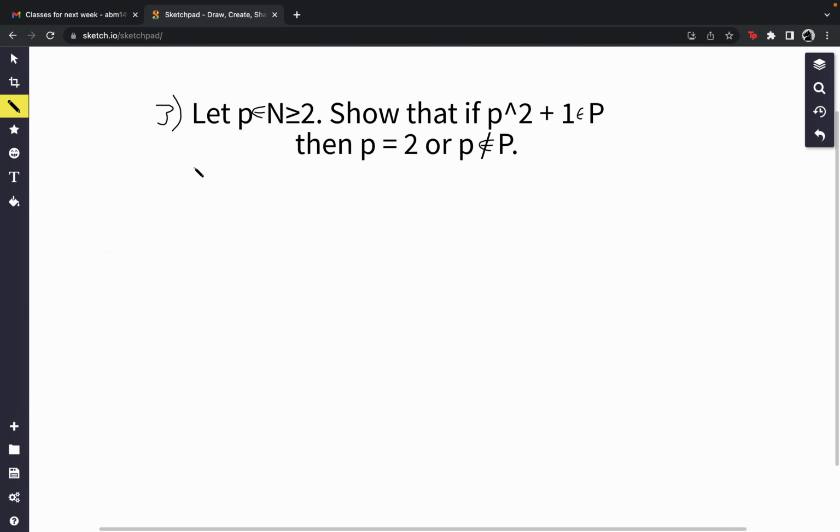So here we have proof number 3, and here we're going to let p be a natural number that's at least 2, and we're going to say that if p squared plus 1 is prime, then either p is 2 or p is not contained in the primes.